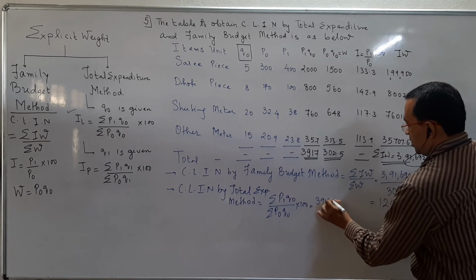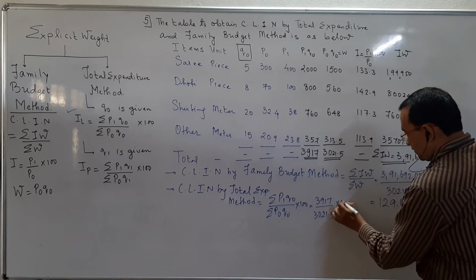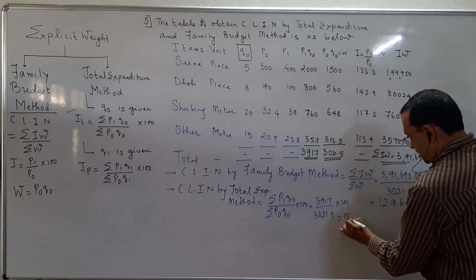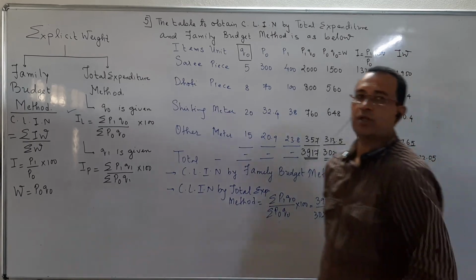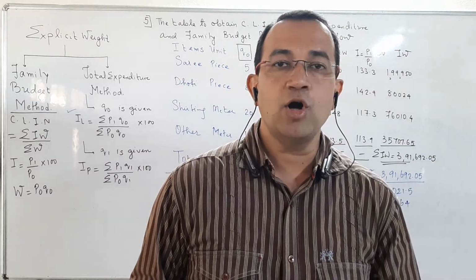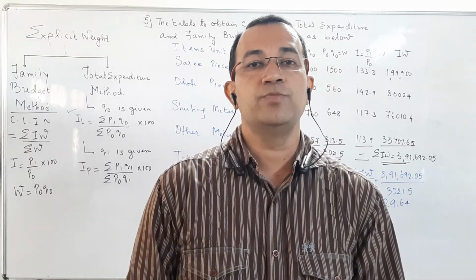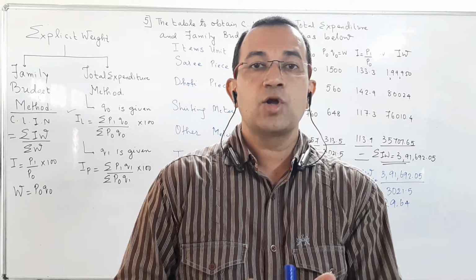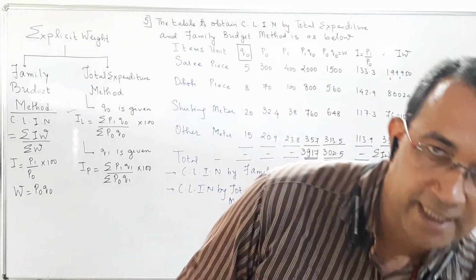So 3917 upon 3021.5 into 100, and this is also 129.64. So definitely students, we can check here that cost of living index number by both the method comes out to be same. Cost of living index number by both the method is fortunately same.